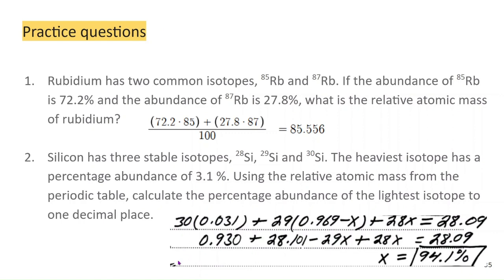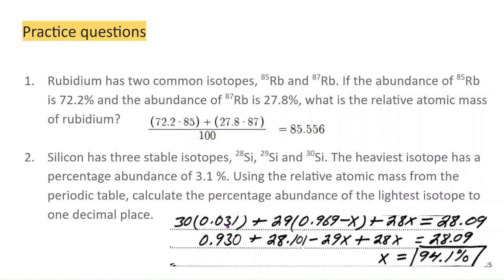The way that I think about this is multiplying our isotope masses by our percentages, but we're not going to use percentages, we're actually going to use decimals. So divide the percentage by 100. Instead of 3.1%, it's 0.031.